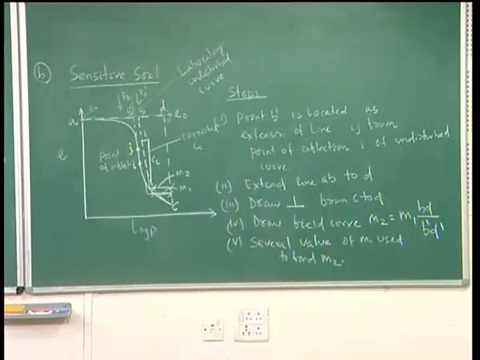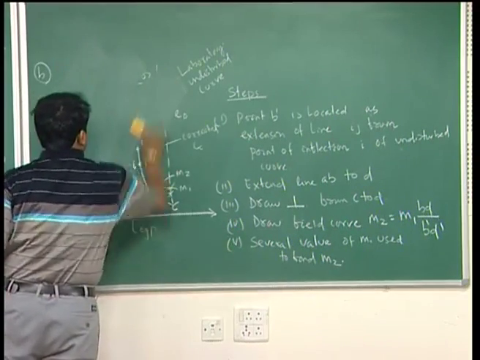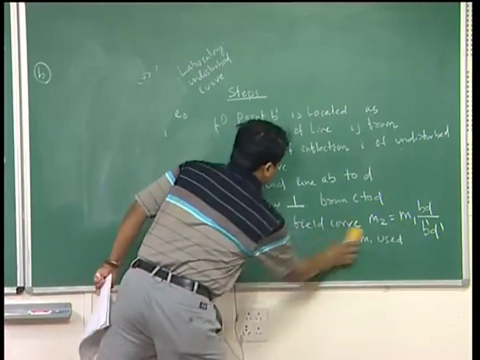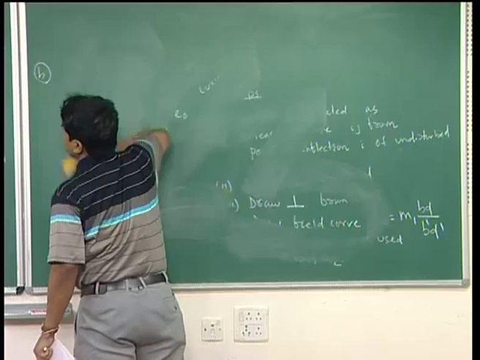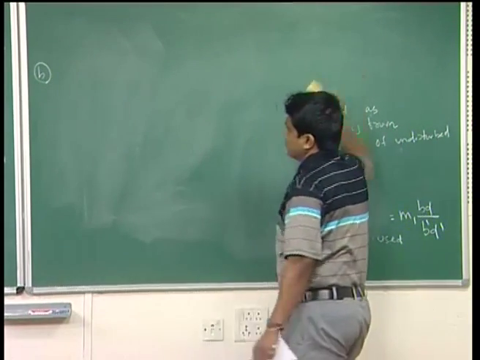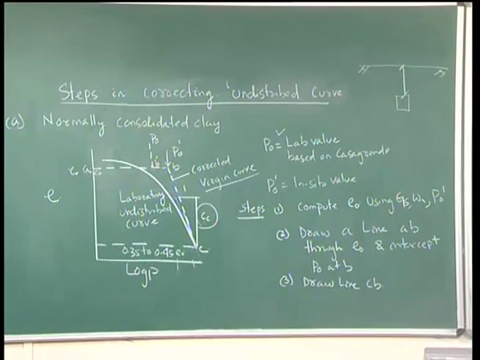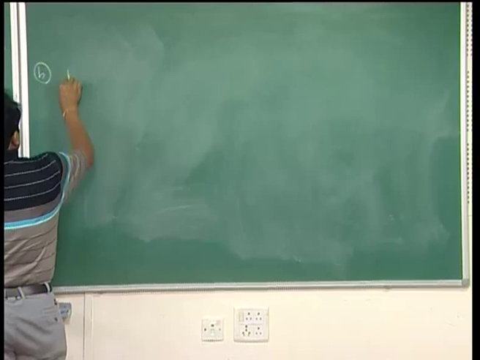Now, these are the two cases. The last part is C, this B part is over. Now, for the C part, we have particularly drawn three cases. One is normally consolidated, another is sensitive soil, and the third is pre-consolidated soil.